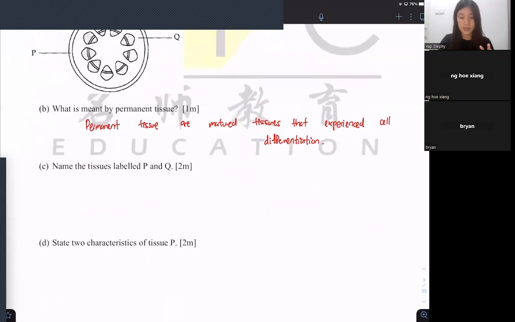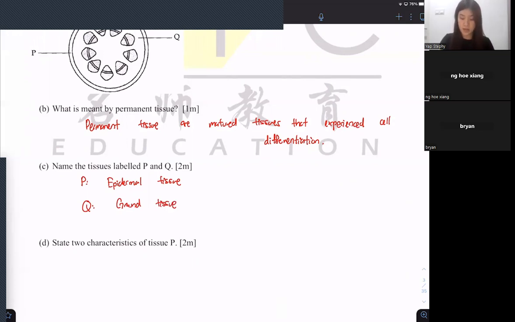Yeah, like this. Name the tissue, label P and Q. For the P, you can label epidermal tissue. And then the Q is the ground tissue.